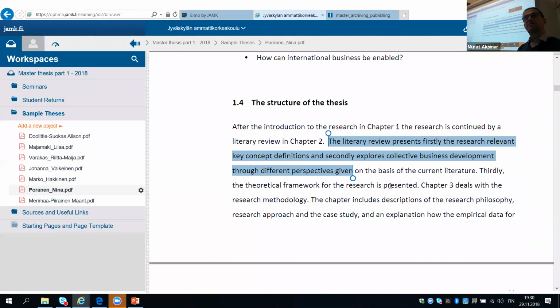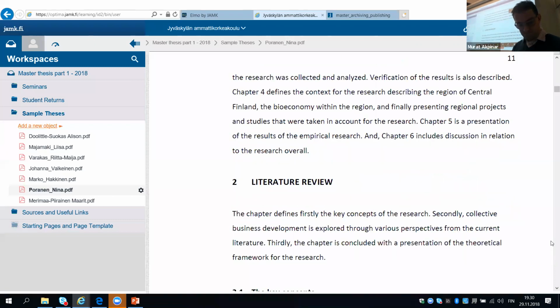You just write that it is presented in chapter 2. So quite brief, but quite convincing. Some issues may be related to delineation of the concepts in terms of the research questions, but otherwise a good introduction chapter.